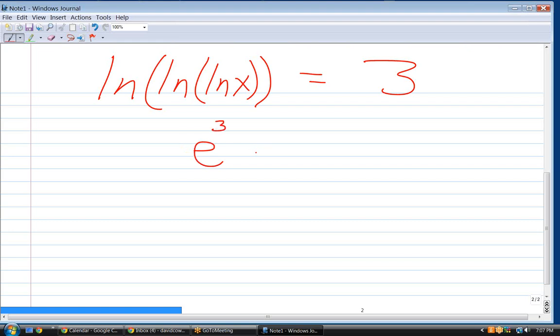E to the third, in other words, the number on the far left raised to the power on the right.